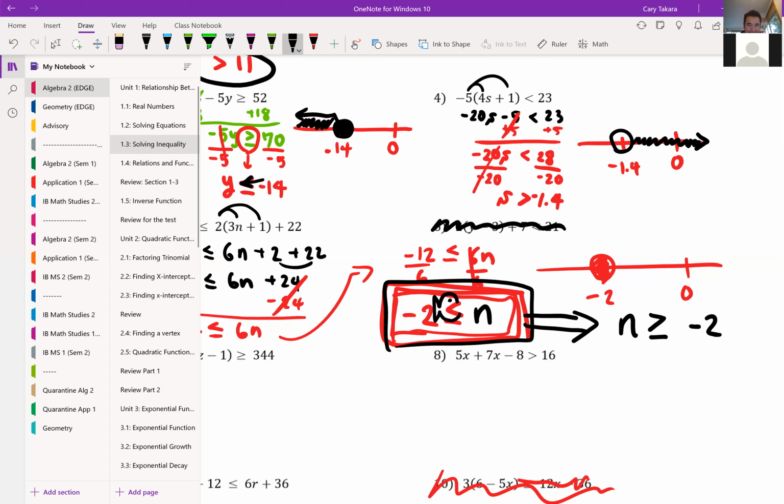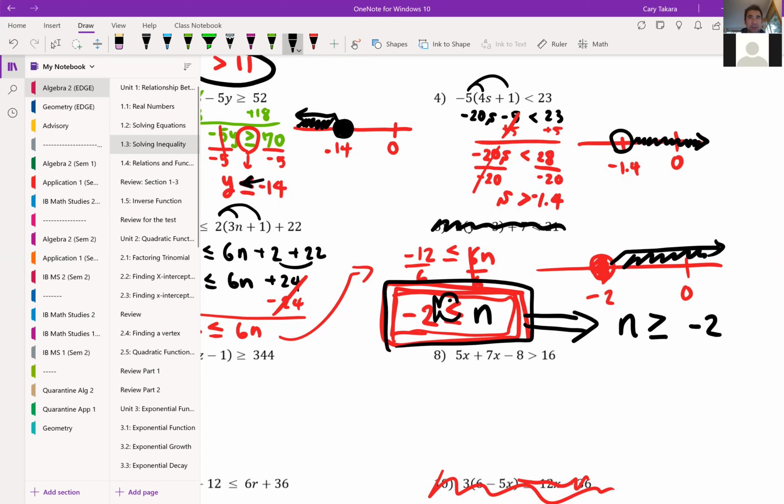So now that n is on the left side, you can use that arrow trick. And the arrow is actually pointing to the right, isn't it? So you have to shade to the right. So it's important that you remember that, okay?